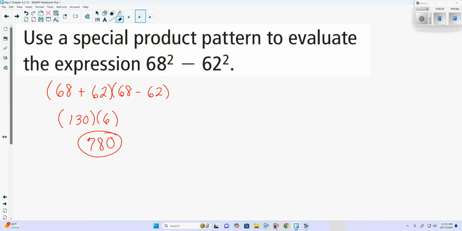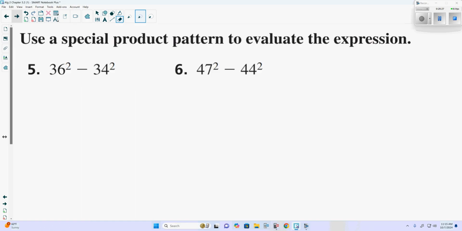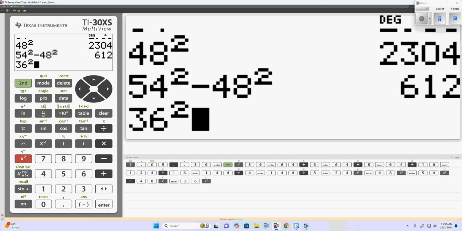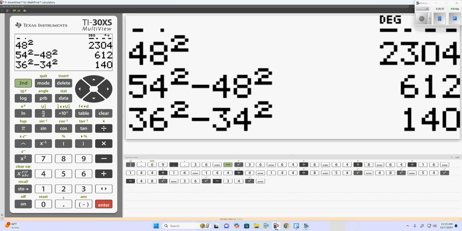One more of these, I think we've got it. Yes? All right. 36 squared minus 34 squared, yes? I mean, yes, we can do 36 plus 34 times 36 minus 34 and go through those steps.